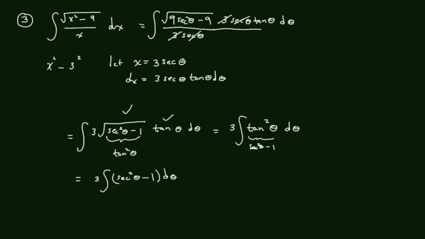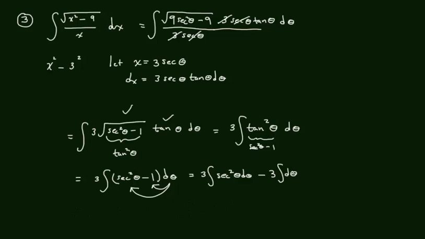Okay, so I'm going to break this into 2 separate integrals. 3 times the secant squared theta d theta minus 3 d theta. See that? I distribute the 3 and also distribute the d theta and separate it. Sum of integrals is integral of sums.